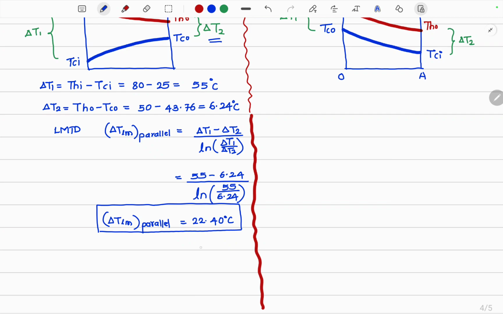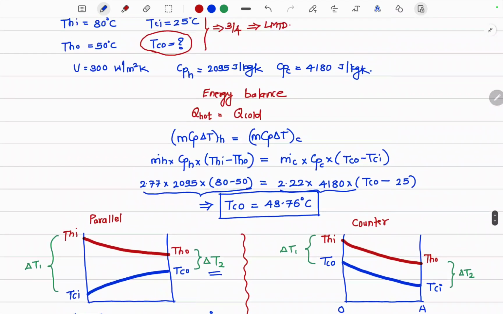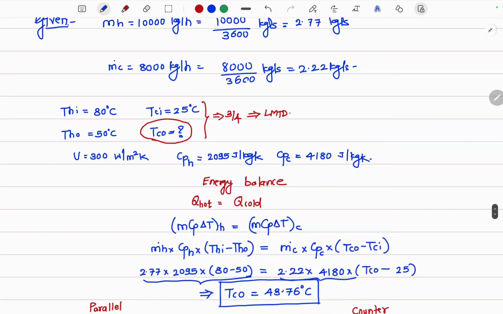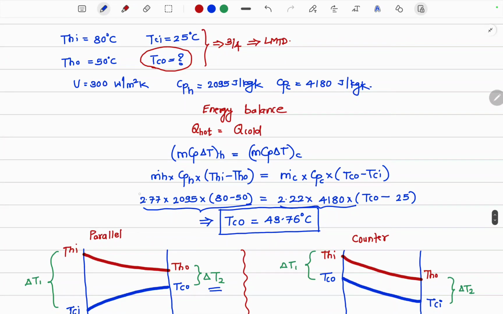Now you have delta T LM for the parallel flow, and you know that heat transfer is equal to UA delta T LM, whether it is parallel flow or counter flow. Now what is Q? Q can be either Q hot or Q cold. In this question they have not asked us about the heat transfer rate, so we will not calculate it separately. Actually we can directly obtain it from this quantity.